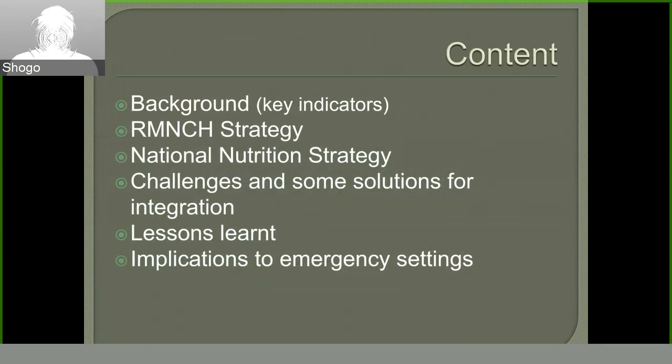So I would first want to illustrate how the RMS strategy and nutrition strategy were developed, the challenges we have encountered in integrating them, and how we solved some of them and not others. So let's go to the next slide, please.